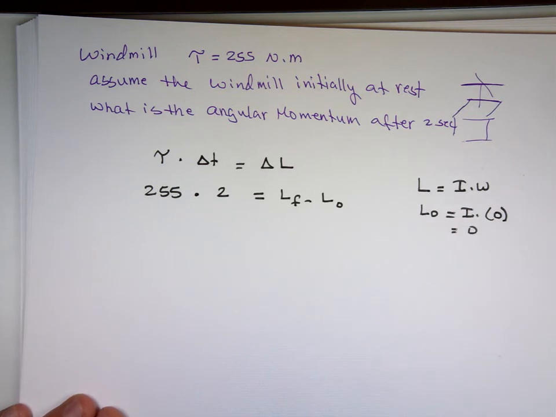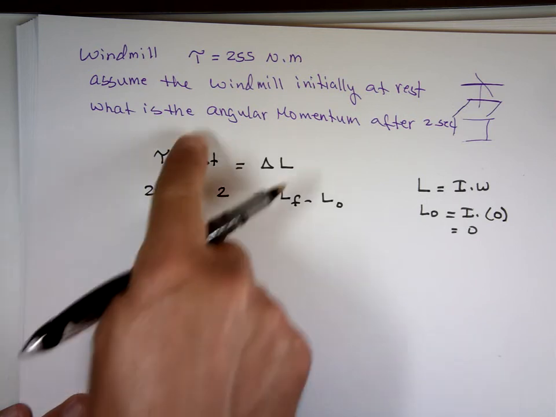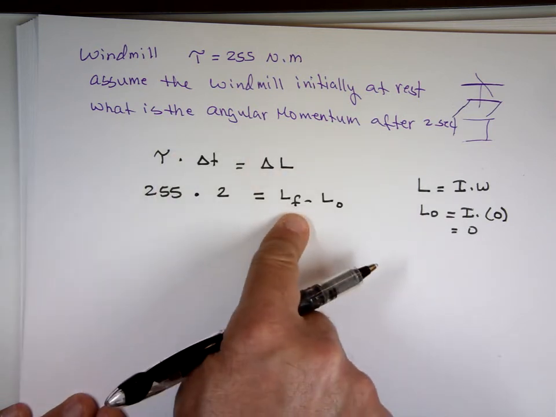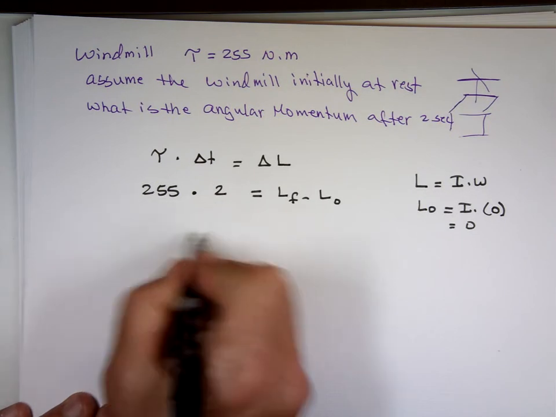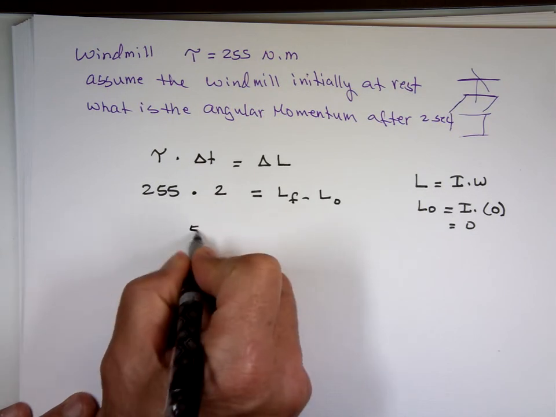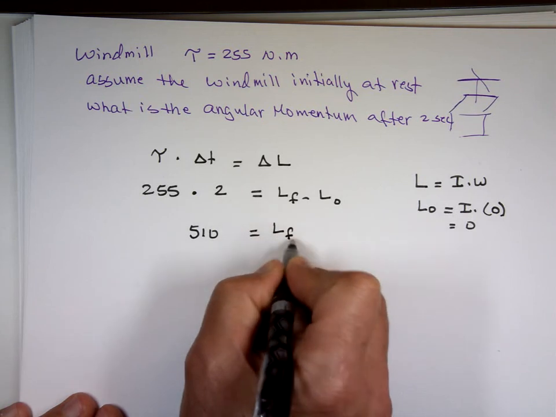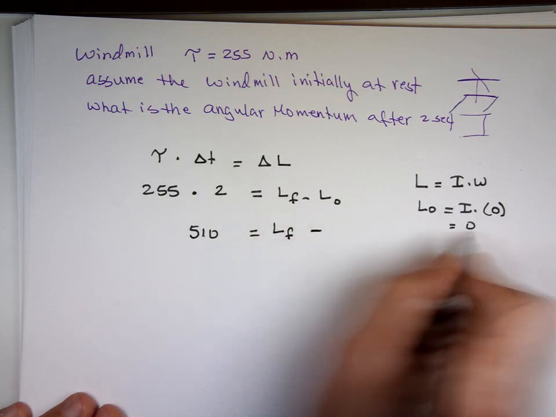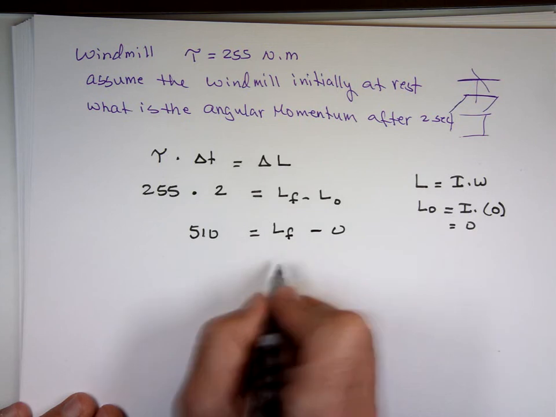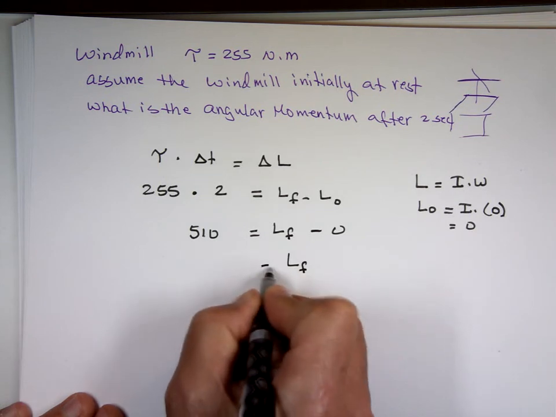And then they're asking what is the final angular momentum. They're looking for L final. So 255 times 2 is 510, equals L final minus the initial, which is 0. So what is my final momentum? 510.